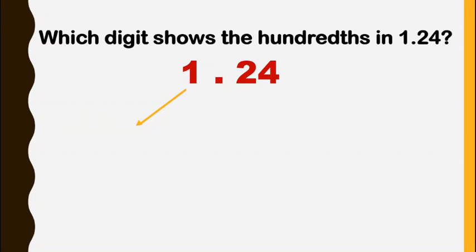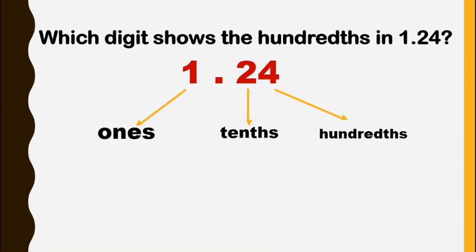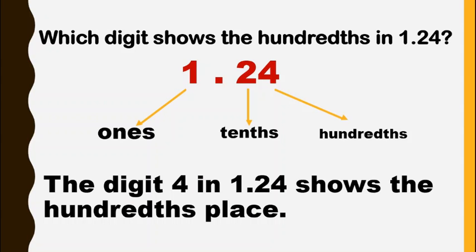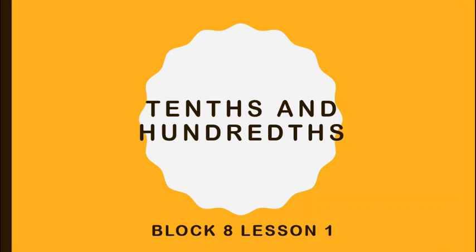Your 1 represents your ones, and your decimal point separates your whole number and decimal number. So 2 is what we call tenths, and 4 is your hundredths. So we can say that the digit 4 in 1.24 shows the hundredths place.